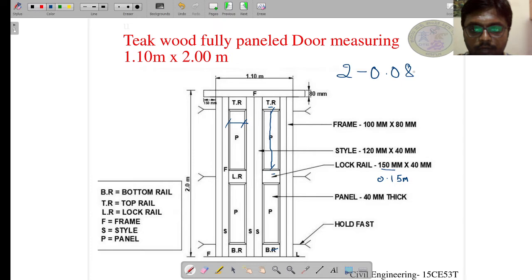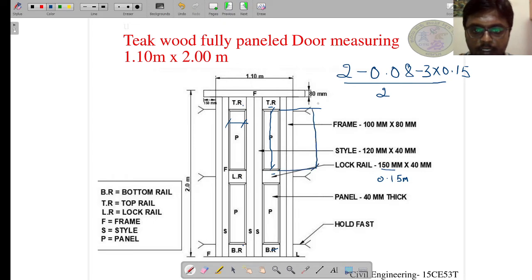Here we can see 150 mm, which is nothing but 0.15 meter, which is same in all the rails. So there are three set of rails, so we do minus 3 into 0.15. As this is divided into two sides, I will again divide this by 2 so that I will get the exact length of only one panel.